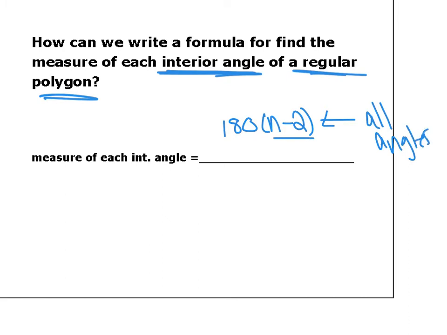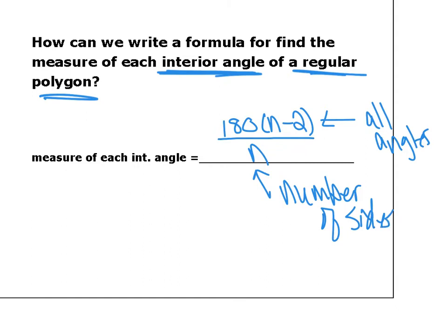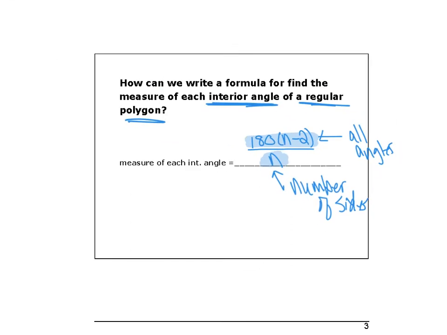But we're going to divide it by the number of sides or the number of angles that the polygon actually has. So we're going to divide it by the number of sides. So our formula is going to be 180 times n minus 2, that gives us our total, divided by n, which is the number of sides. So let's actually go ahead and practice that.